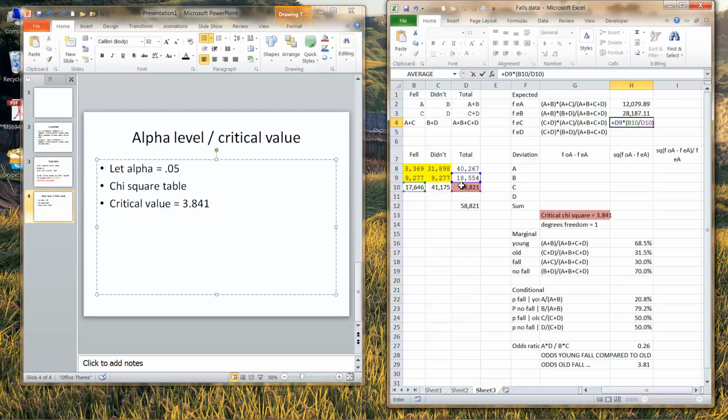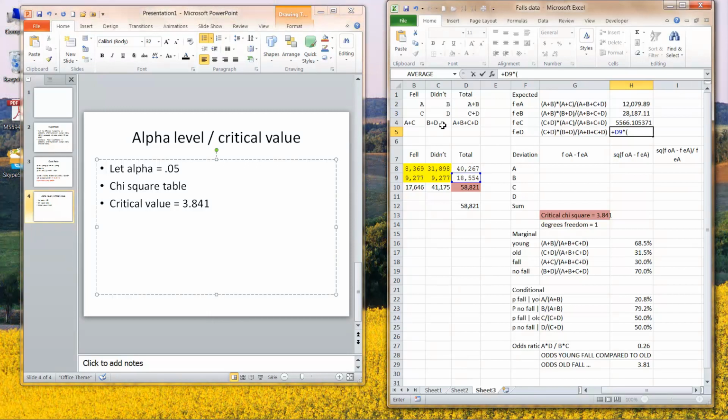And expected value of D. So we have C plus D, again that total, times B plus D divided by total. So that gives us our expected values.